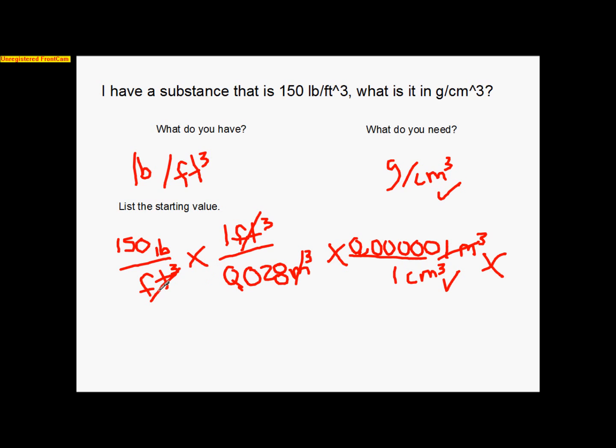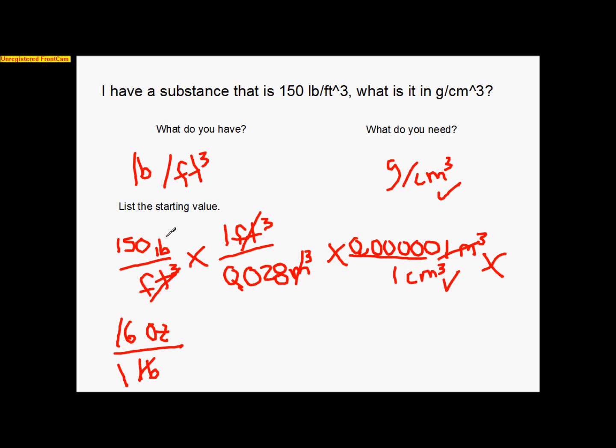So now we need to convert pounds into grams. So I know, based on the conversion table, that there are 16 ounces per 1 pound.